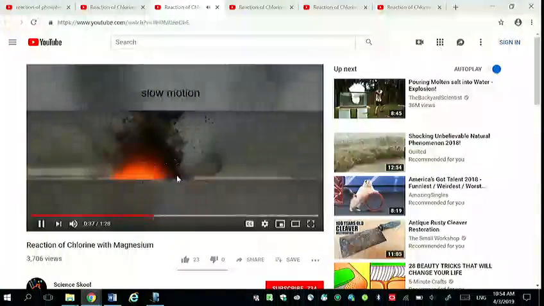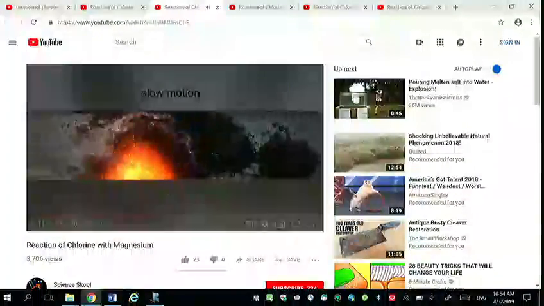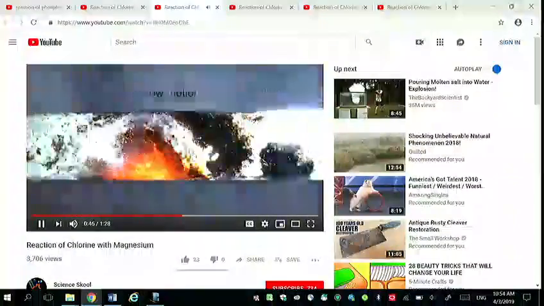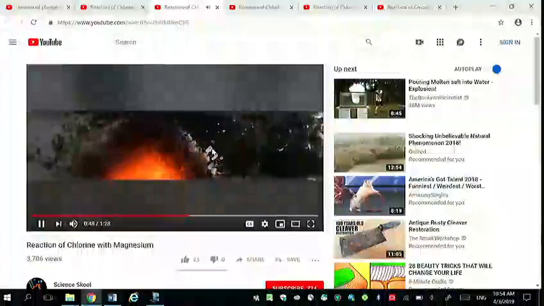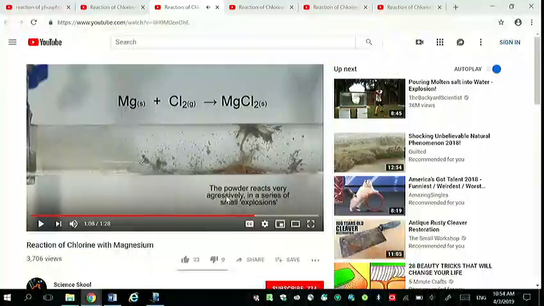It's like a thunderstorm. Take note, the color is a bright white flame. Can you see it's white? So you will form solid magnesium chloride. The powder actually reacts very aggressively in a series of small explosions.